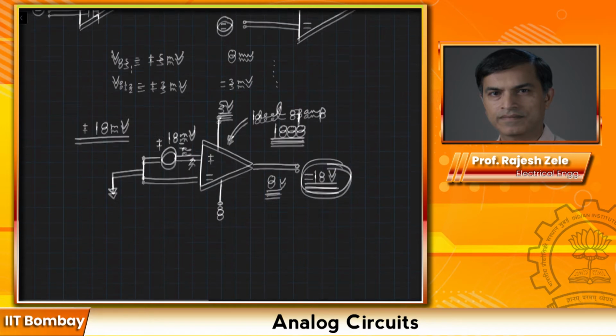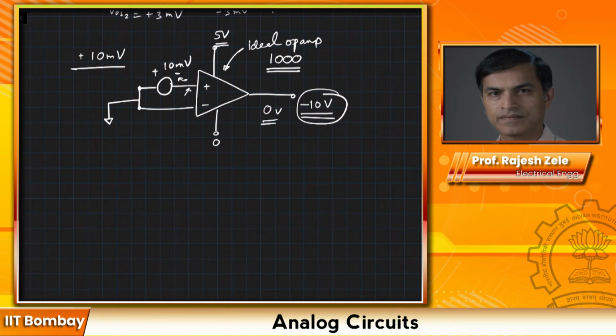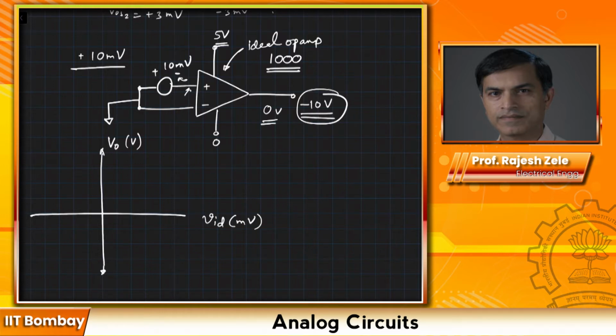Now let's draw the transfer characteristics of the op-amp. Note the scale here. This is your output voltage in volts, and this is your VID in millivolts. If the op-amp is ideal, then we would get these characteristics. Let's say this is 5 volts and this is 0 volts.